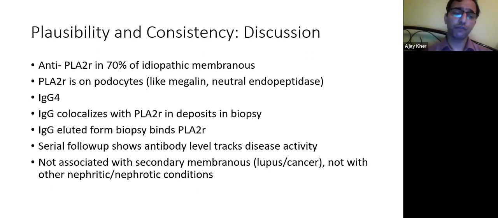It is IgG4 as is expected for membranous. They've shown that IgG co-localizes with PLA2R in the deposits in the biopsy. The IgG eluted from the biopsy binds PLA2R. Serial follow-up shows that antibody level tracks with disease activity. And importantly, it is not associated with secondary membranous, with lupus and cancer, and not with other nephritic and nephrotic conditions as well. So that's their plausibility discussion.